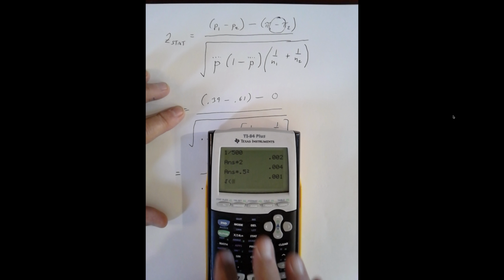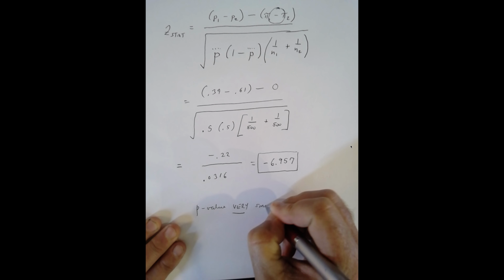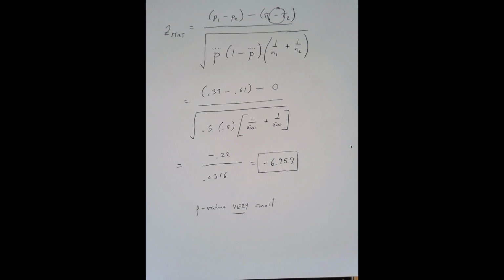This information here tells you we have to move the decimal place 12 places to the left. I'm just going to say the p-value is very, very, very small. Even when we multiply by 2, it's going to have like 11 zeros, and so extremely small.